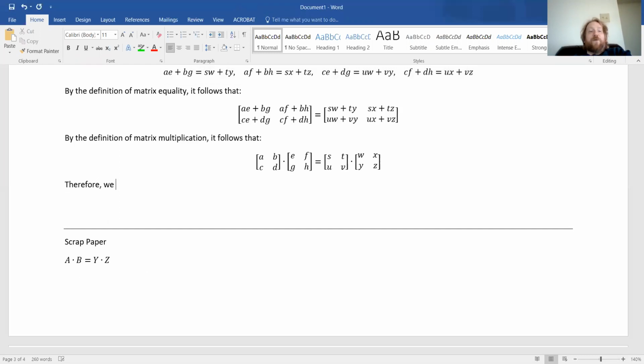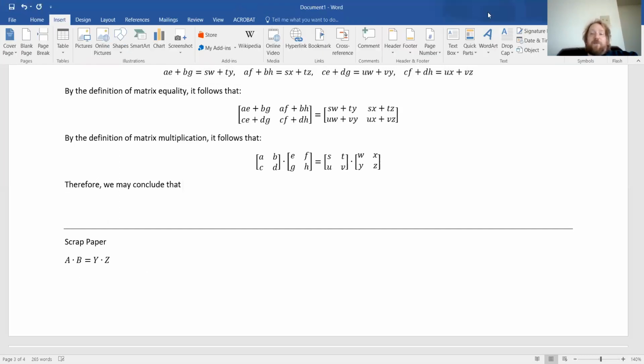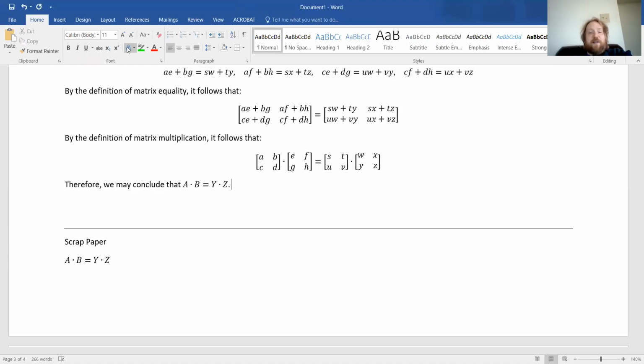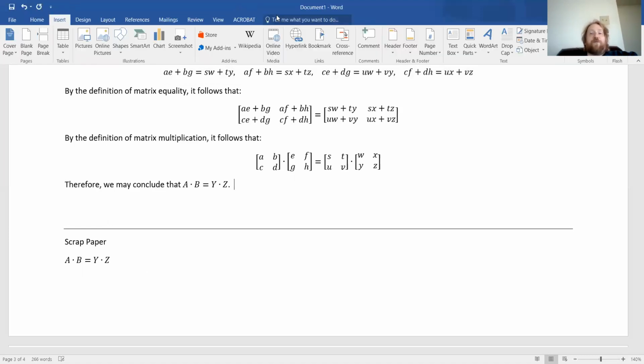So therefore, we get that matrix A times matrix B equals matrix Y times matrix Z. And that ends the proof.